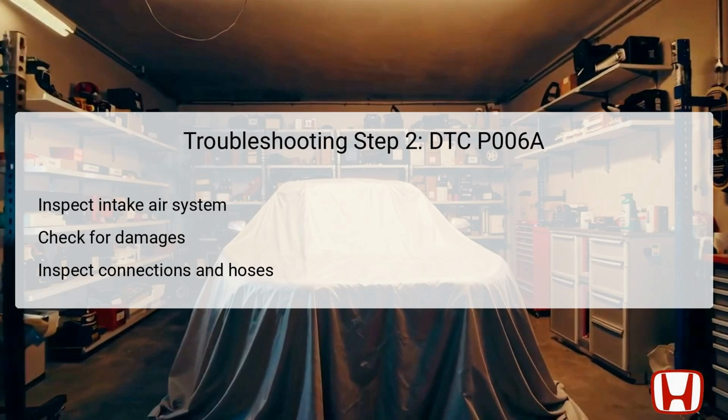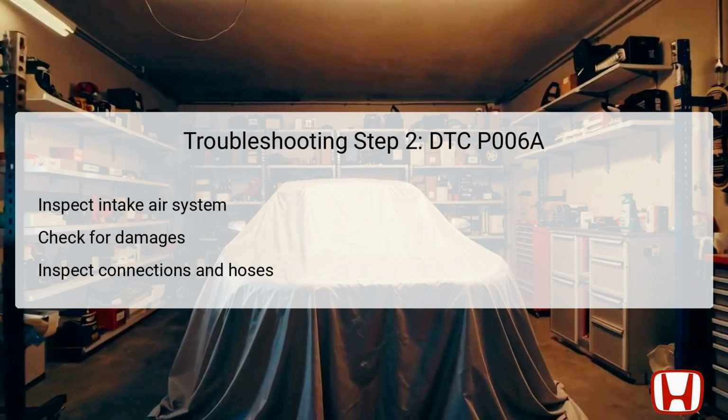Pay close attention to the positive crankcase ventilation, PCV, valve, and hose, which can also influence air management within the engine system. Additionally, inspect the air cleaner, intake air duct, and purge lines for any visible issues. If any component is found to be compromised or damaged, it may lead to the incorrect readings by the MAF or MAP sensors, thereby triggering the DTC.